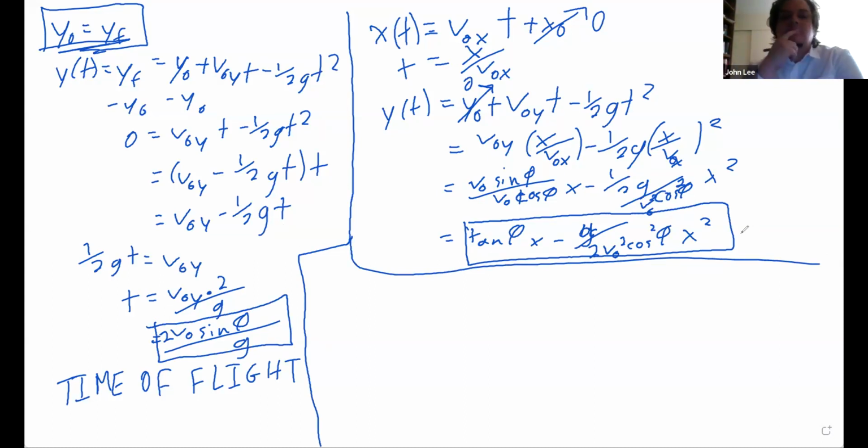find our range, which is how far out in the x direction it goes. We go back to the assumption that y naught equals y final equals 0.